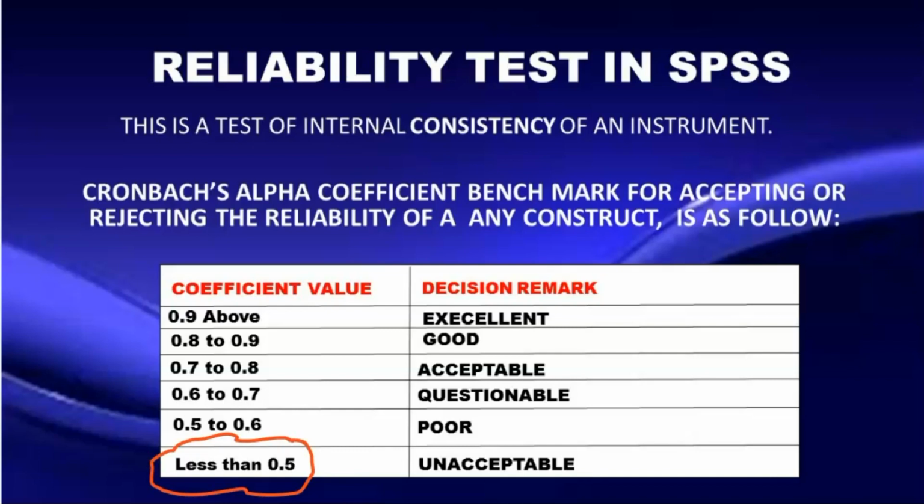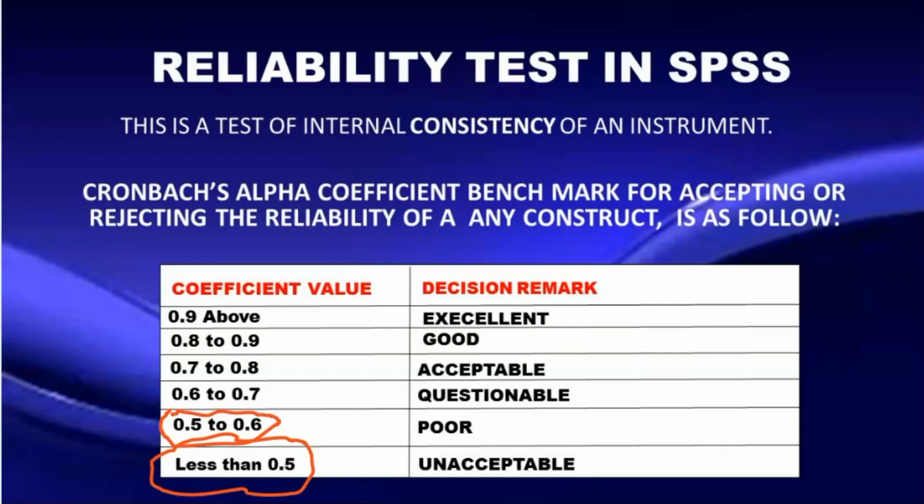And if you did your calculations and came up with a Cronbach's alpha value that ranges from 0.5 to 0.6, it is a poor reliability coefficient value.